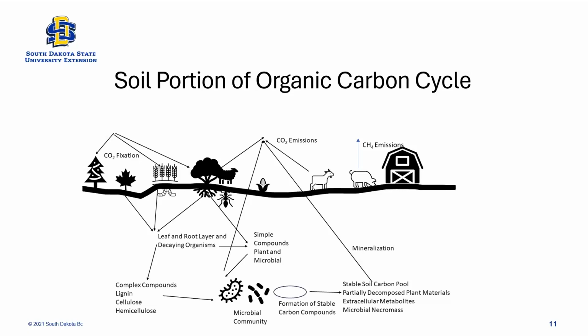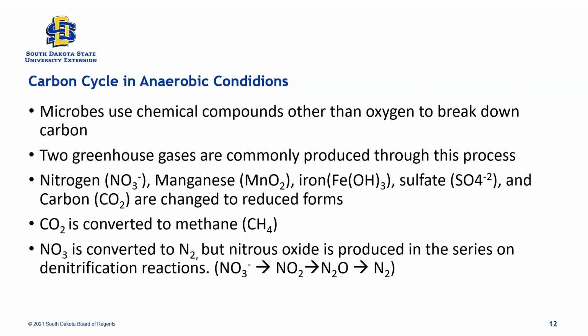And at your farm scale, there's methane emissions from livestock. So here's another further mention of the carbon cycle and anaerobic conditions. I'm just mentioning this because people discuss nitrous oxide and methane, which are two major greenhouse gases.